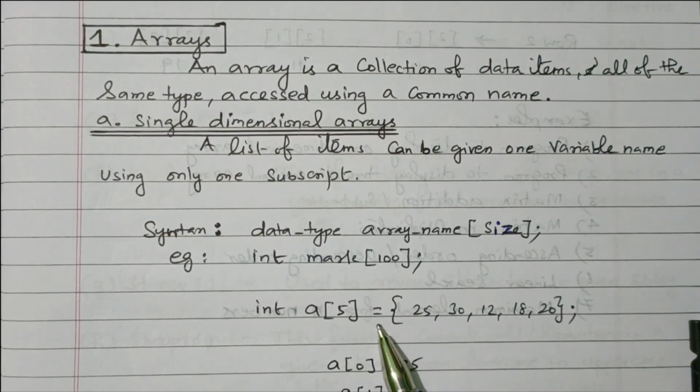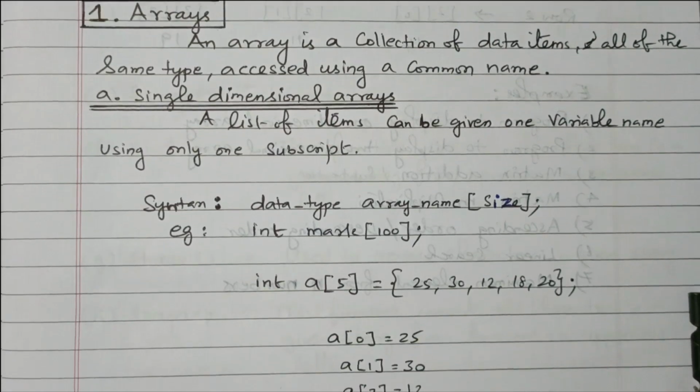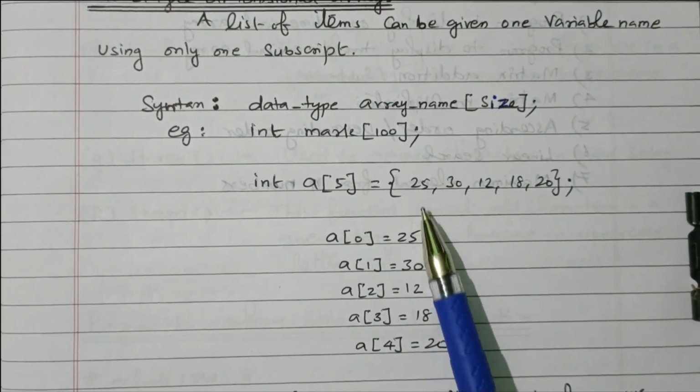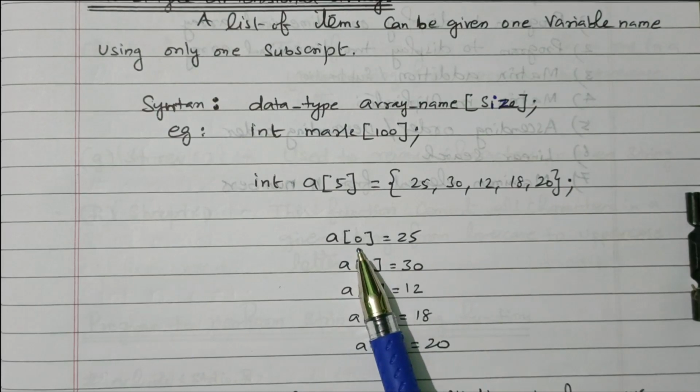Now how are these elements stored, how do we access them, how do we differentiate these 5 elements? The first element 25 is stored in a[0]. This is the variable name, this is the index 0. Similarly 1, 2, 3, 4.